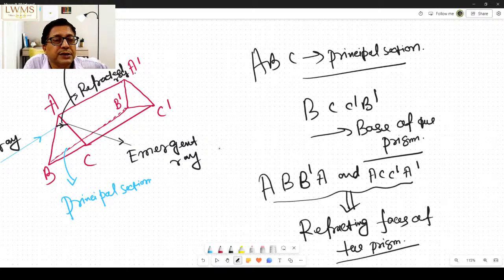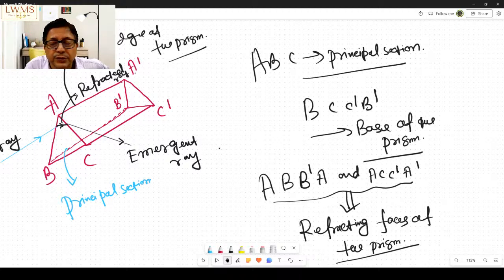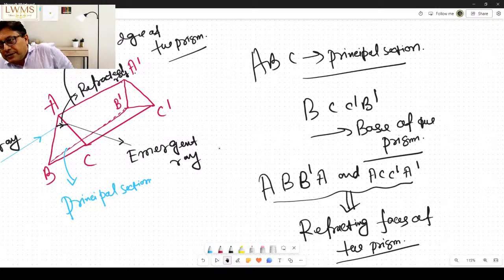This is the edge. Clear? Hope you understand. A prism, a three-dimensional shape, which is the base, what are the refracting faces of the prism, that I have explained.